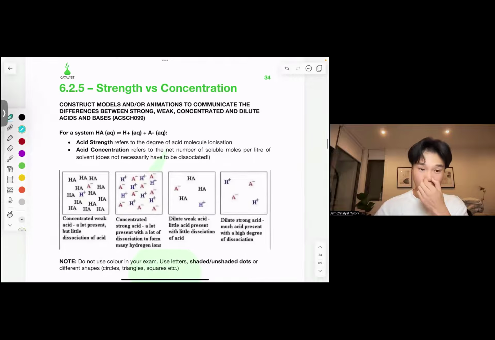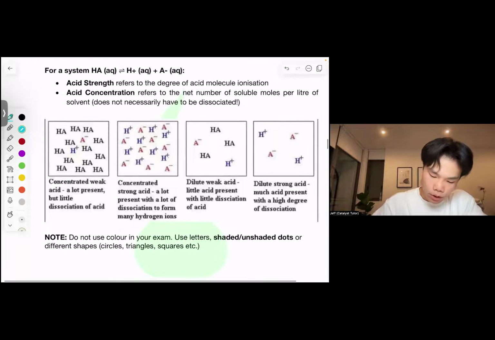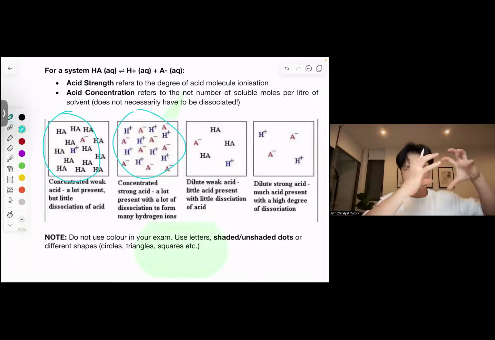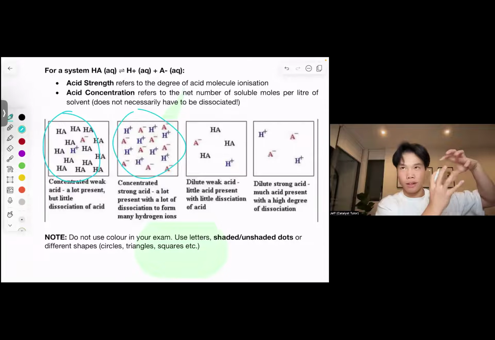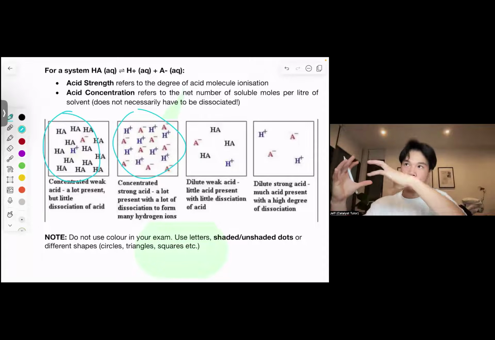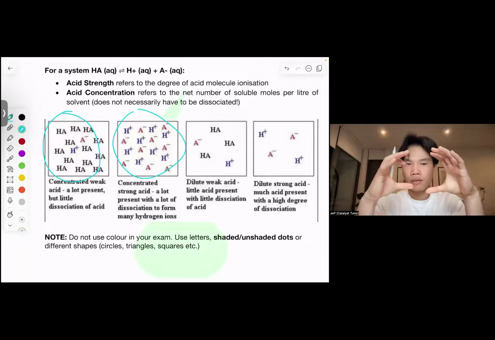Strength versus concentration. Strength is how much an acid ionizes. So if we're looking at strong versus weak, we'd simply be looking at a situation where we have little dissociation compared to one where we have complete dissociation. And dilute versus concentrated is about how many undissociated acid molecules you start with.